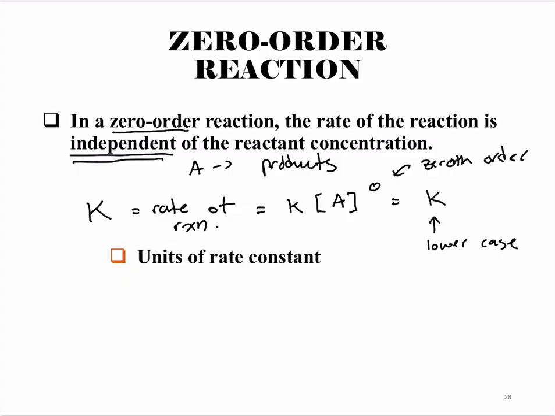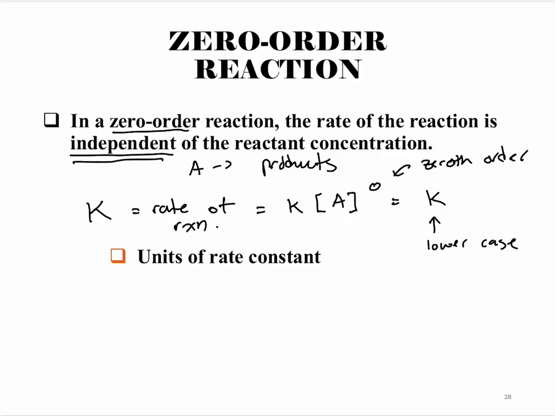Molarity per second, right? And for a 0th order reaction, uppercase K is equal to lowercase k, so lowercase k has to have units of molarity per second. What's on the left-hand side of the equation has to have the same units as the right-hand side. As you go farther in physical sciences, you'll see that making sure the units work out will always tell you if you're on the right track to the right answer.